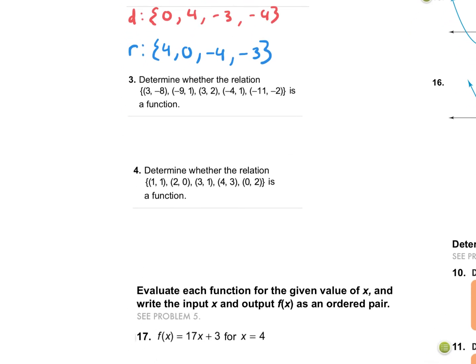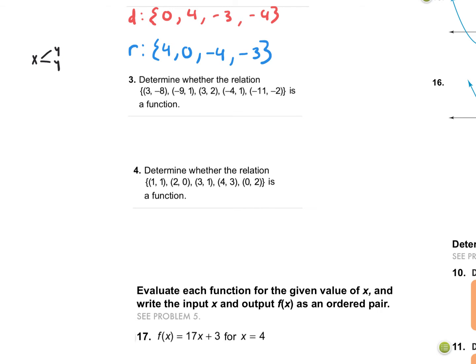Number 3, determine whether the relation is a function. So something is not a function if one x value leads to 2 different y values. So we always want to check and see if our x value repeats, and then see if we have different y values for it.